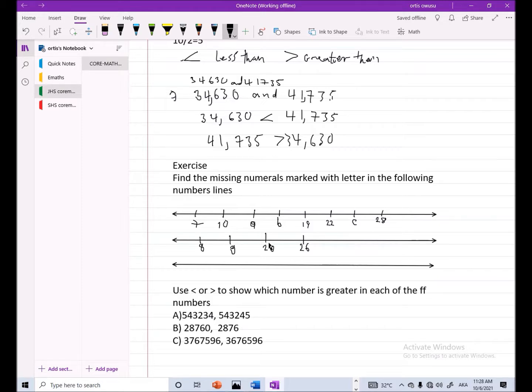So we have 32. We have 38. We have H. We have I. Let me put the I here so that you know it's I. So I'll take 550 here. This one, I'll take 0.